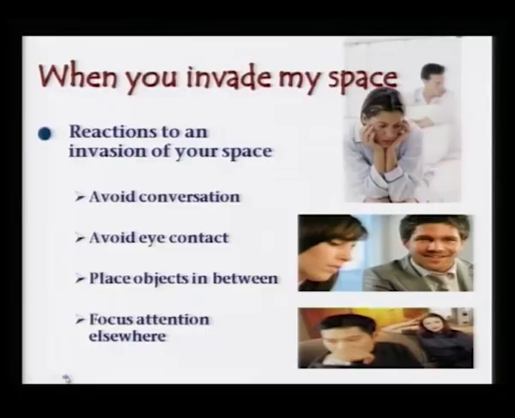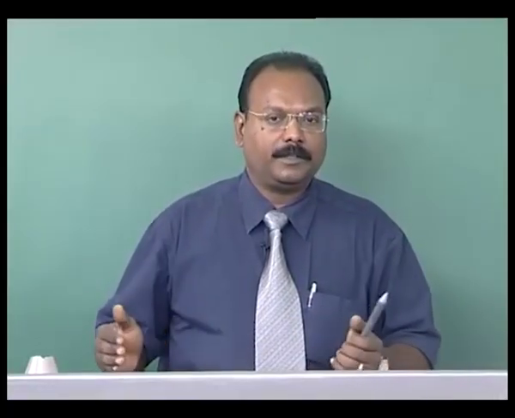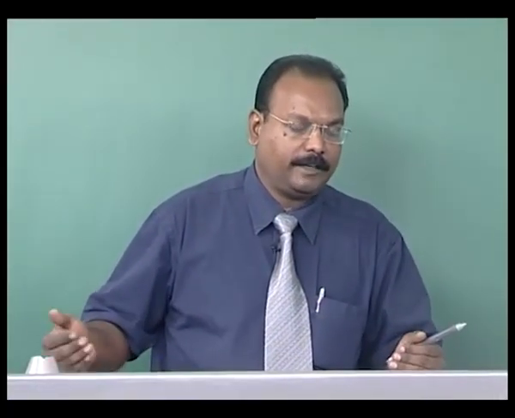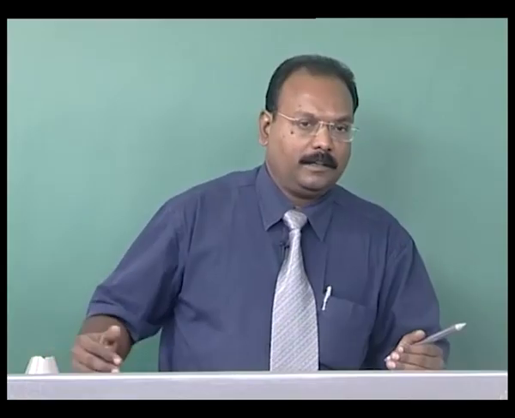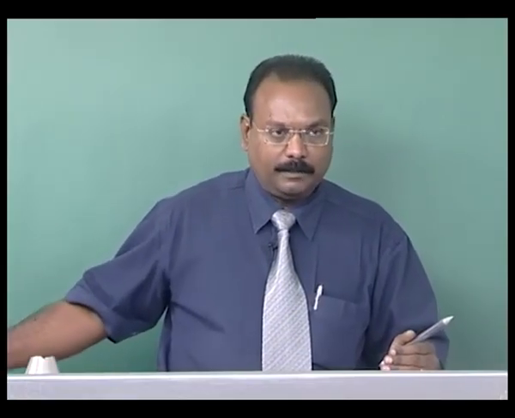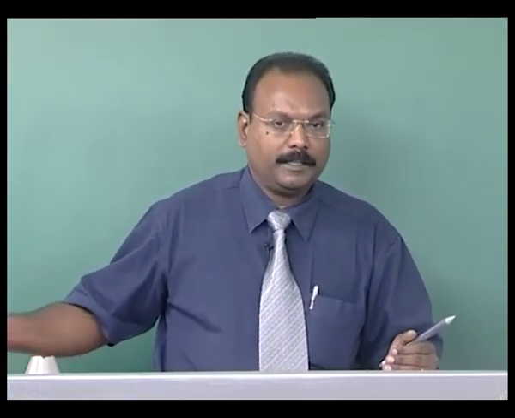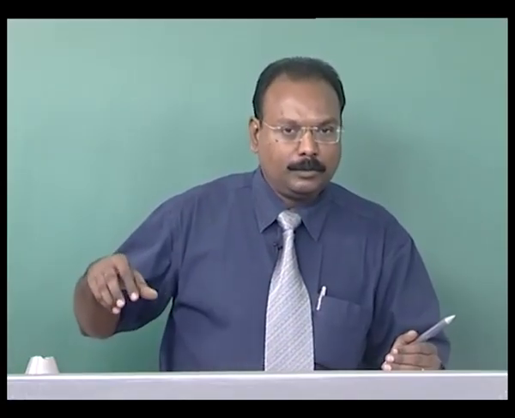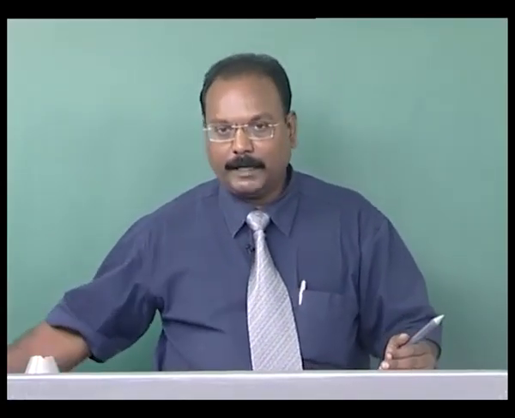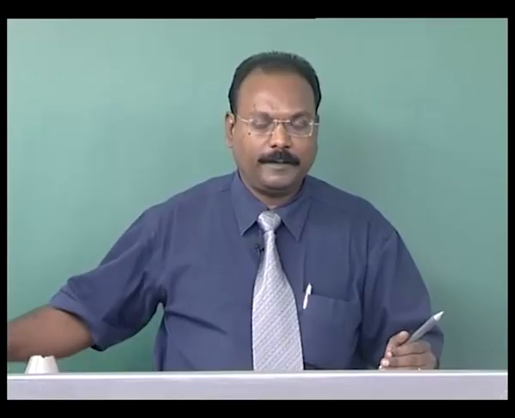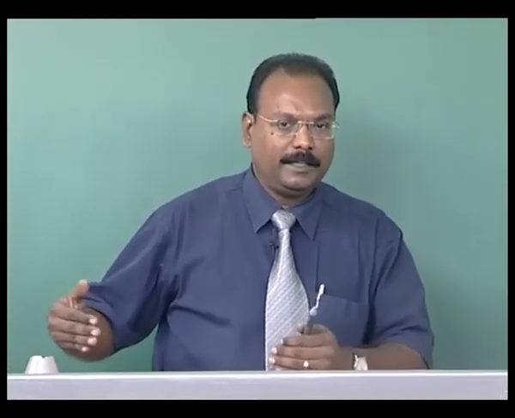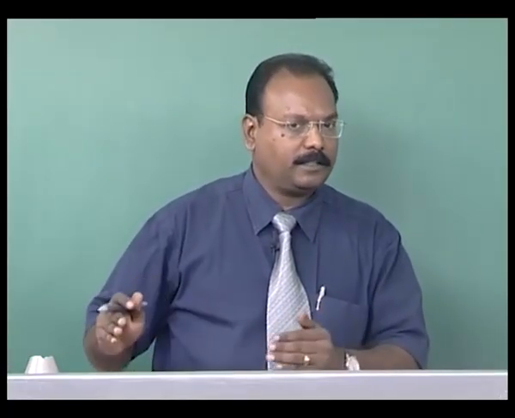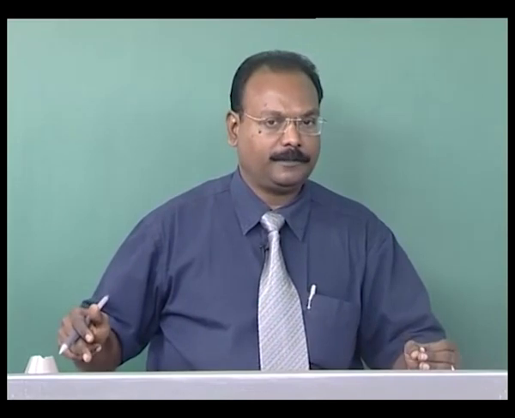So go back to the situation where you are on the bench of a railway platform, and then somebody is just coming and sitting close, especially let's say this is a girl and that's a boy. What the girl will do is immediately put a bag in between or a file in between, just to indicate a kind of barrier to suggest that, look, I don't like your invasion.